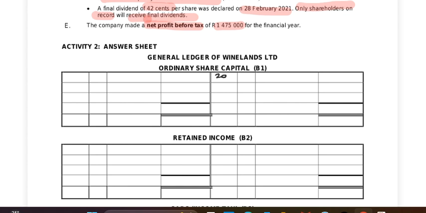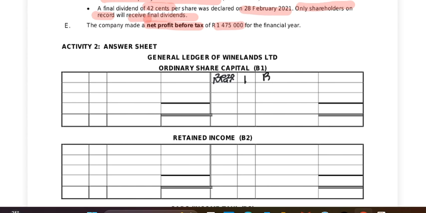This is 2020. Don't mind my handwriting. On the 1st, wait, it's March, sorry. I thought the year end was June. It's March 1st.